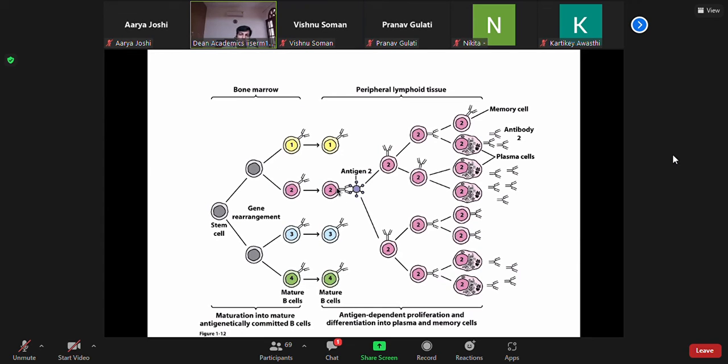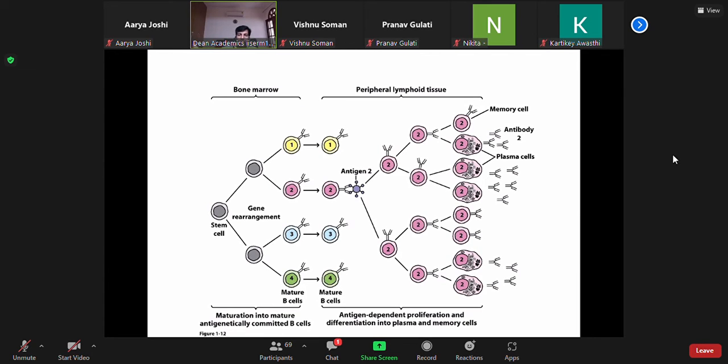Now, this cell will start undergoing the activation process. It will form many similar clones which have the same antigen specificity. From this one cell you are going to give rise to 2 cells, from 2 to 4, from 4 to 8, and you keep on going for the next 1 or 2 weeks.